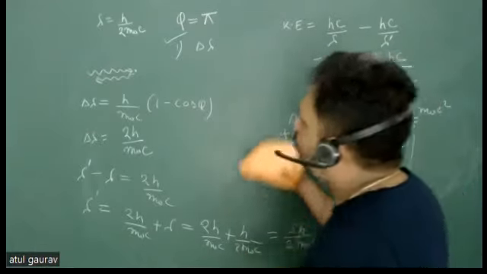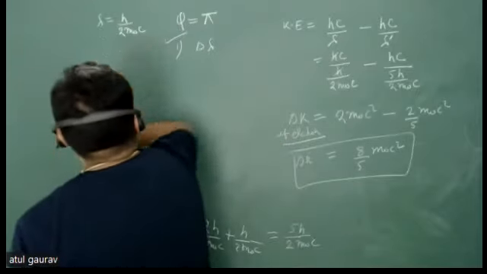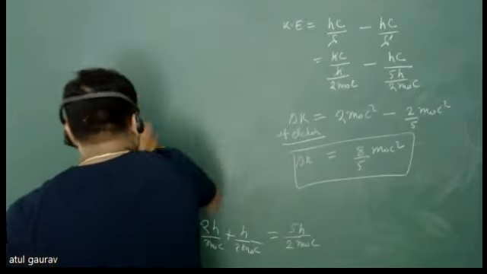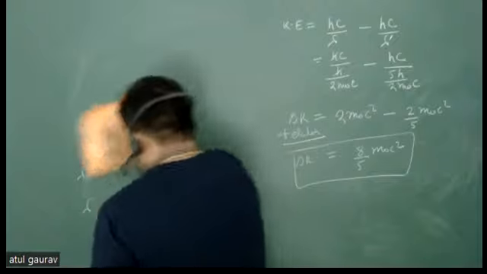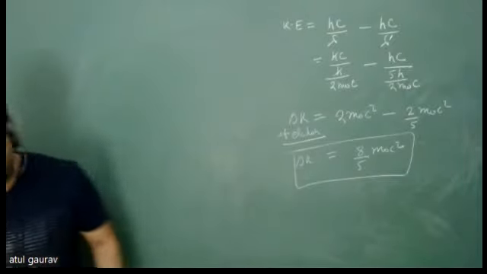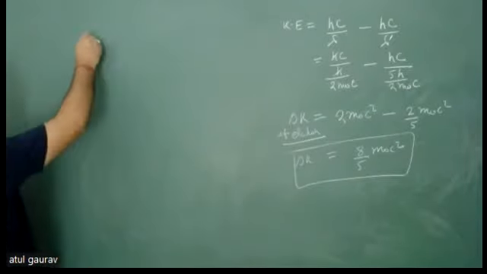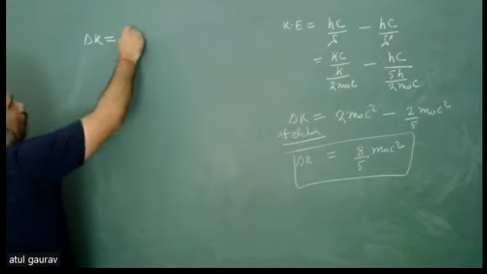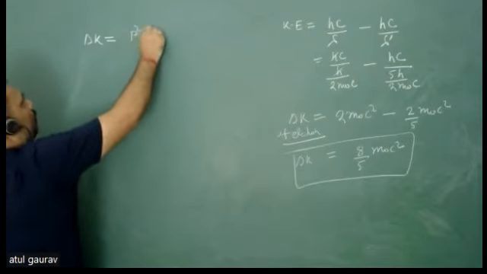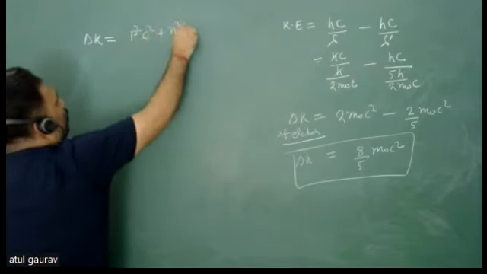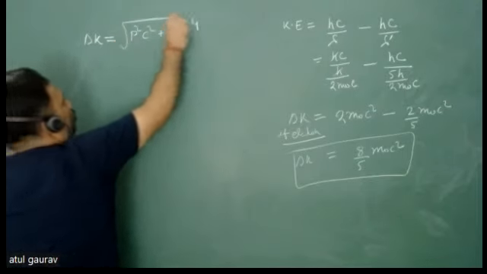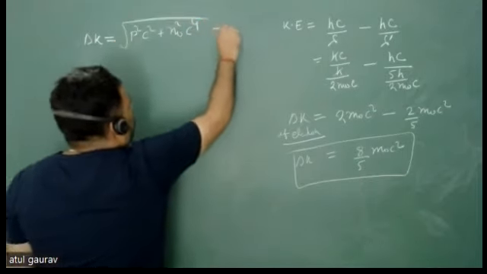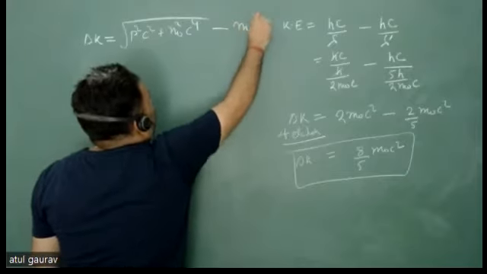So now let's try to go for the momentum. How will you calculate the momentum? The kinetic energy of recoil electron is equal to the square root of P square c square plus m naught square c4, which is the total energy of electron, minus the rest mass energy of electron.